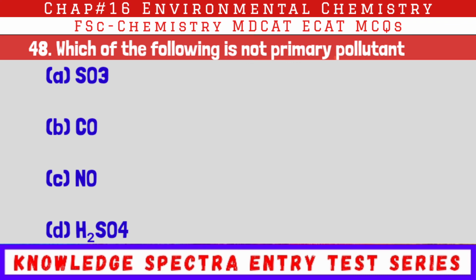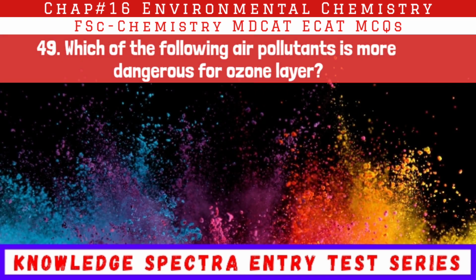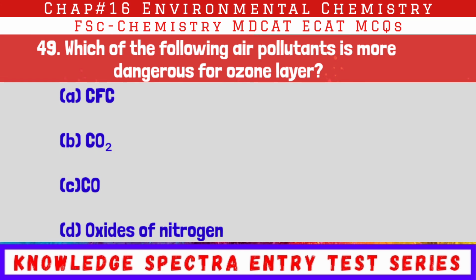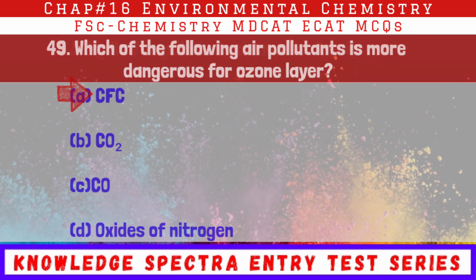A. SO3, B. CO, C. NO, D. H2SO4. Correct answer is D. H2SO4. 49. Which of the following air pollutants is more dangerous for ozone layer? A. CFC, B. CO2, C. CO, D. Oxides of nitrogen. Correct answer is A. CFC.